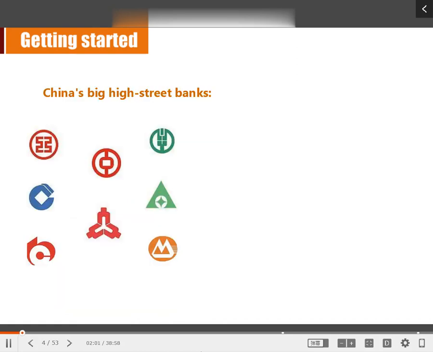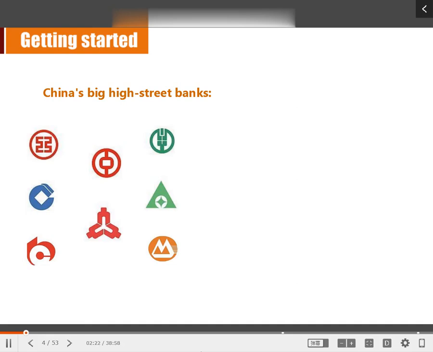Now here, let's take a look at the logos of China's big high street banks. So here, high street means 主流的. Okay, here are the logos. So, do you know all of these logos? And can you identify each of the banks?